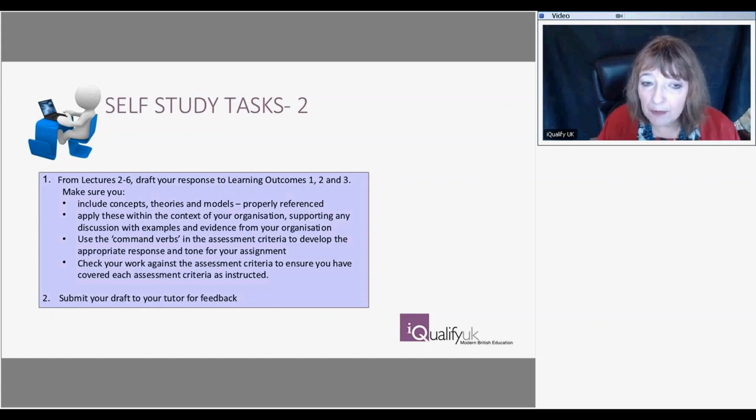Use the command verbs in the assessment criteria to develop an appropriate response and tone for your assignment. Check your work against the assessment criteria to ensure you have covered each assessment criterion as instructed. So remember, I gave you a checklist right at the beginning. And then submit your draft to your tutor if you have one, or get it to a critical friend to have a look at it to get some sort of feedback.